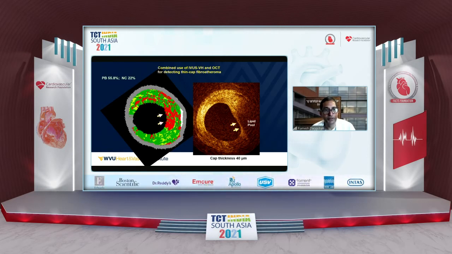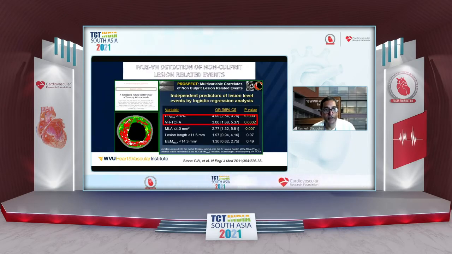And in my opinion, compared to OCT, for residents and fellows, they can actually detect where the necrotic pool is much more clearly with this color differentiation by virtual histology.